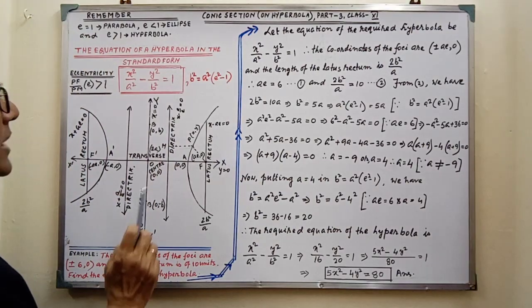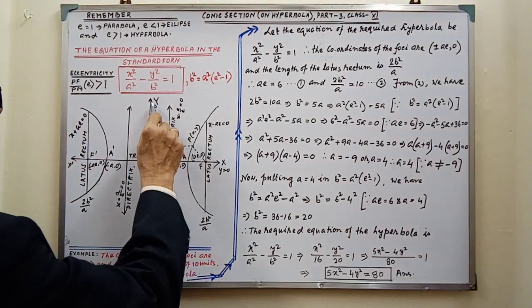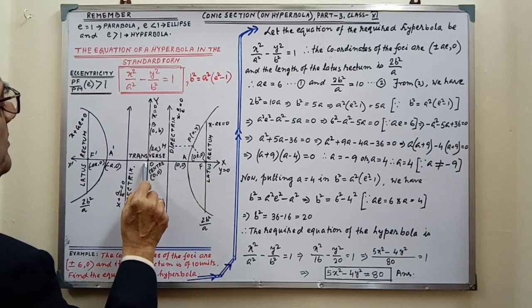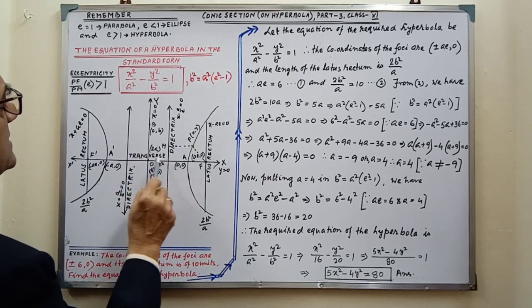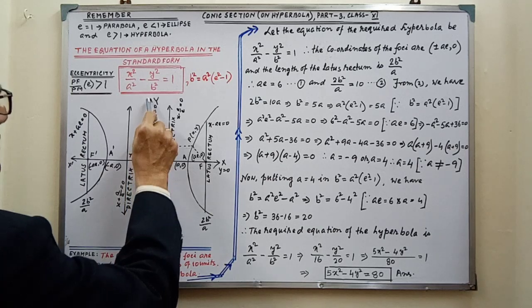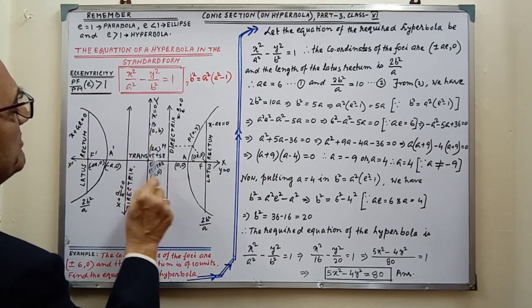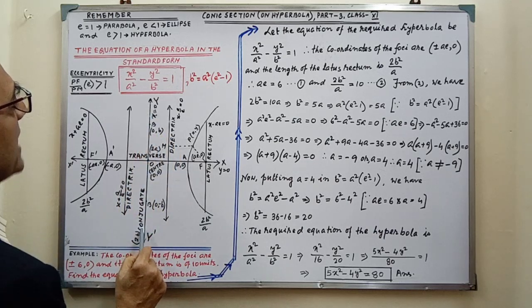Now pay your attention. This is the y-axis and this is the x-axis. In case of hyperbola, the x-axis is known as the transverse axis and the y-axis as the conjugate axis. But in case of ellipse, this is the major and this is the minor axis.